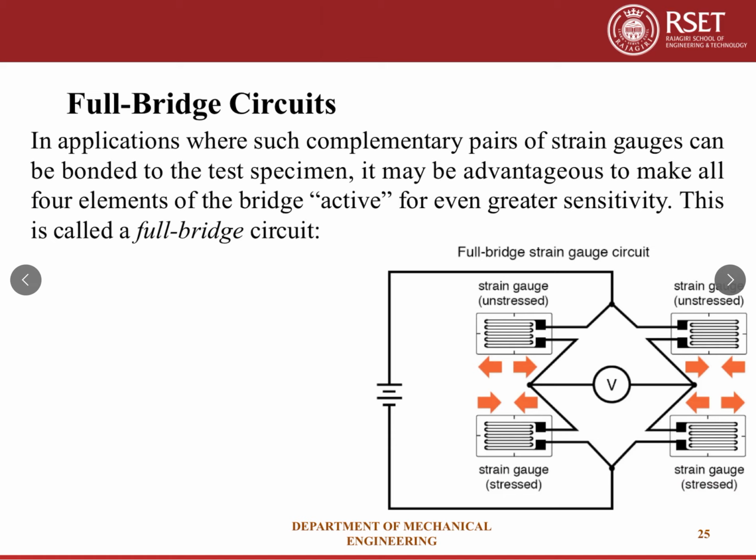And this is a full bridge circuit. This image represents a full bridge circuit. We have seen quarter bridge, half bridge. This represents a full bridge. All the arms, or all the resistances of the Wheatstone bridge, are replaced by strain gauges. In applications where such complementary pairs of strain gauges can be bonded to the test specimen, it may be advantageous to make all four elements of the bridge active for even greater sensitivity.